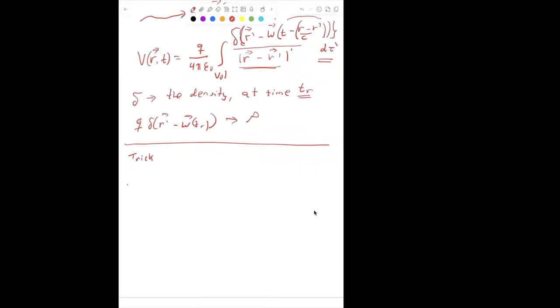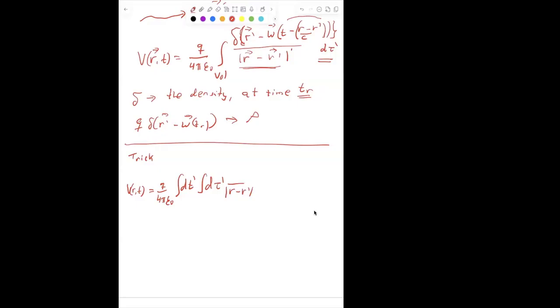So I'm going to write this as V(r, t) equal to Q over 4 pi epsilon, integral, the first integral over time. That's the new part. The second integral is over d tau. Remember, that is an element in space. 1 over |r minus r prime|.